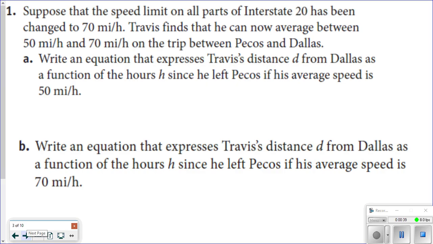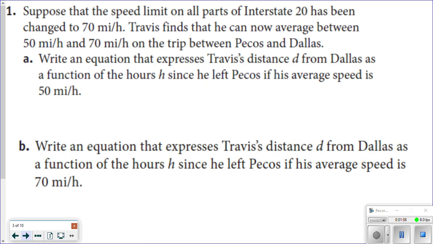Question 1. Suppose that the speed limit on all parts of Interstate 20 has been changed to 70 miles an hour. So now Travis finds that he can average between 50 miles an hour and 70 miles an hour on the trip between Pecos and Dallas. Before he was only going 60 miles an hour, and then 45 was his minimum.